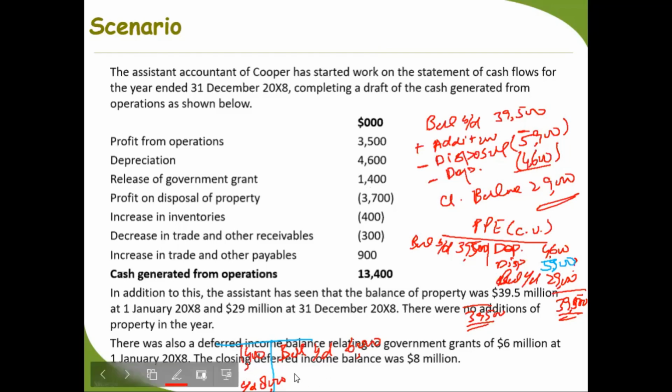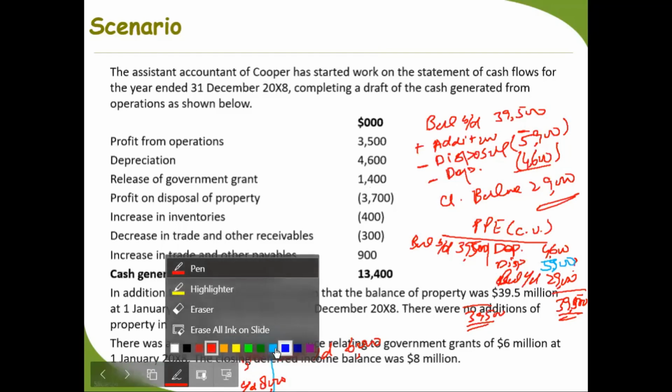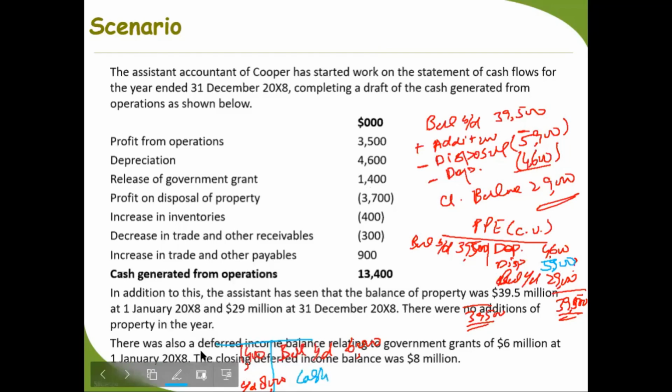Now this is the balancing figure, which is cash. This is the SPL charge. So 9,400 minus 6,000 is 3,400 using the proforma.